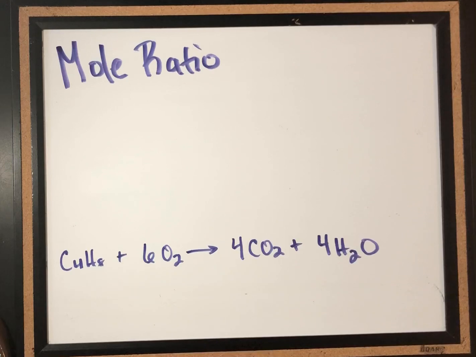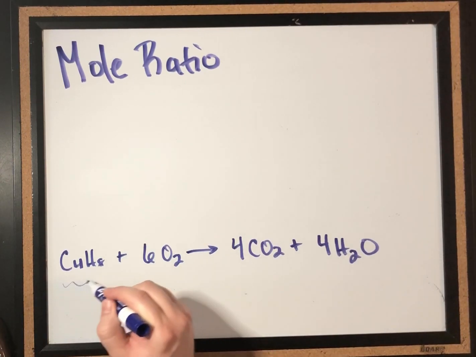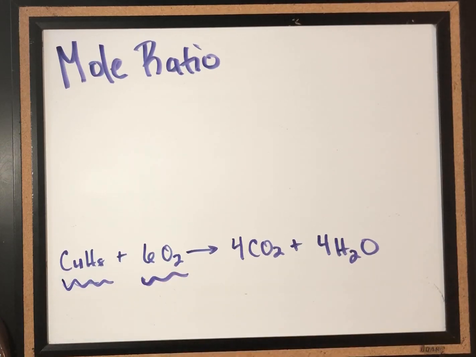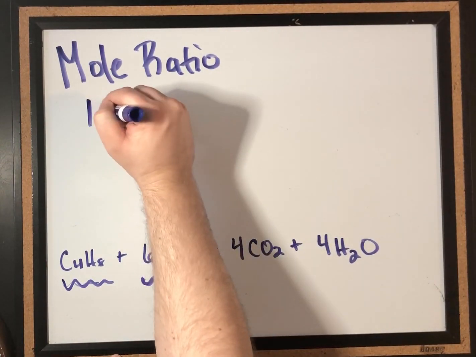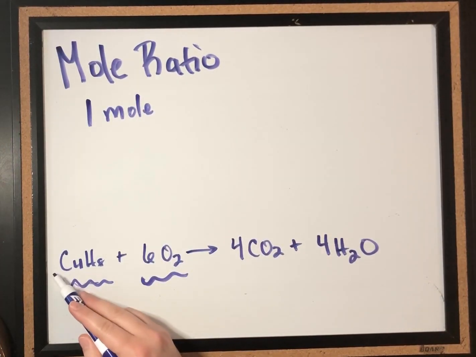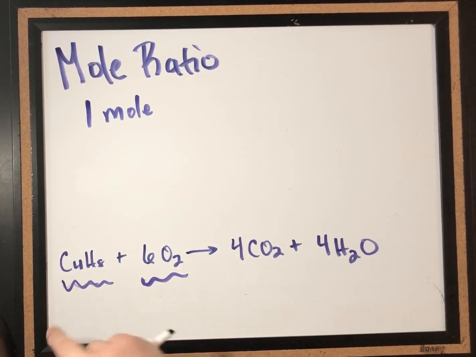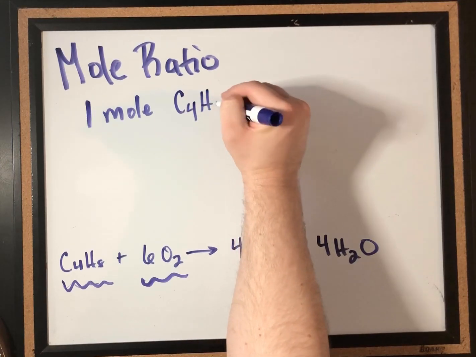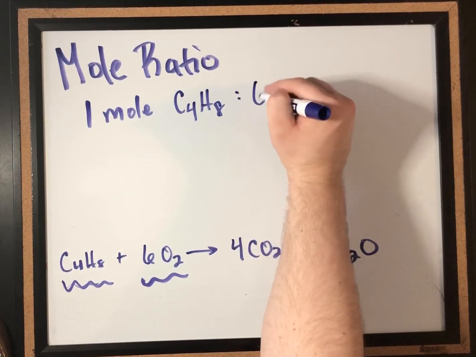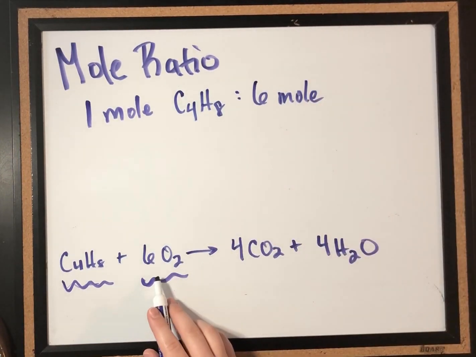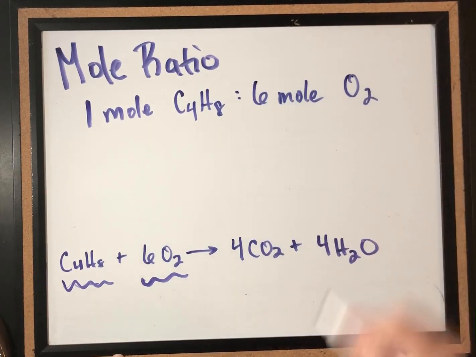Since all of these coefficients represent moles, I can take any of these quantities, put them together as a ratio, and I have a mole ratio. So let's look at these two compounds right here. The first ratio, 1 mole, and remember, when there's no coefficient there, there's always that imaginary 1 in front of that compound. So 1 mole of C4H8 matches up with 6 moles of O2. And that little colon there represents a ratio.